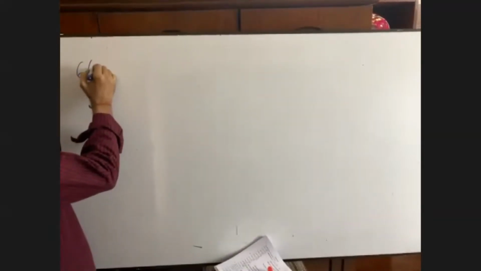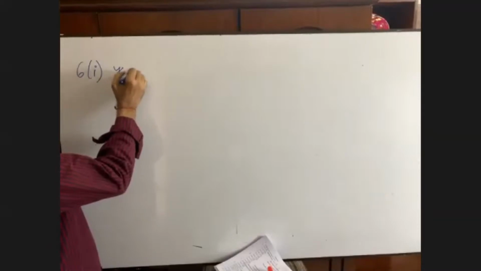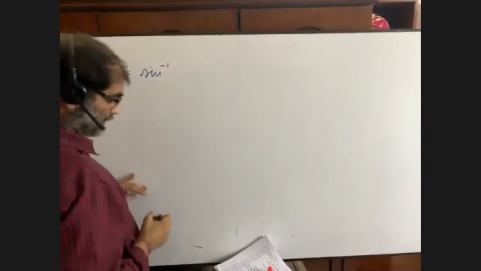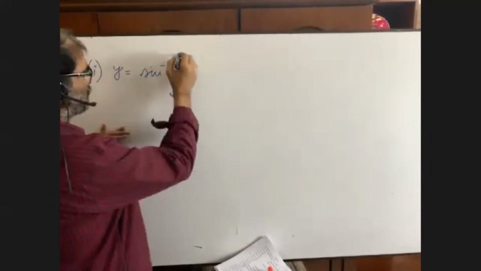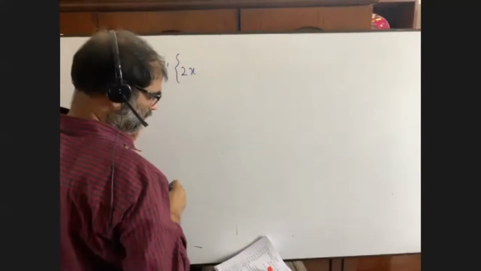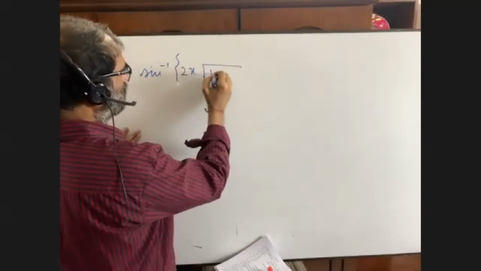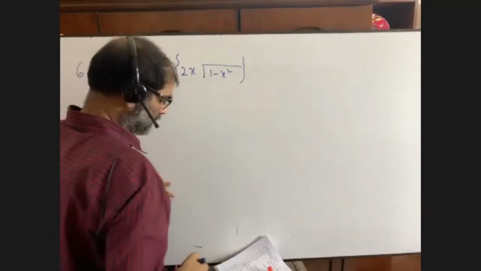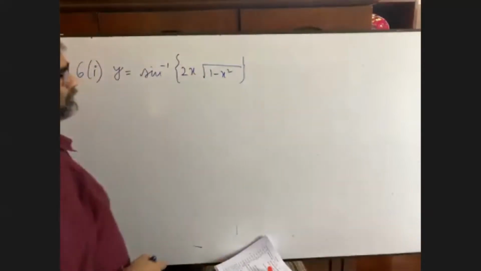Question 6.1: y is equal to sine inverse 2x root over 1 minus x square. You really don't have any other option.